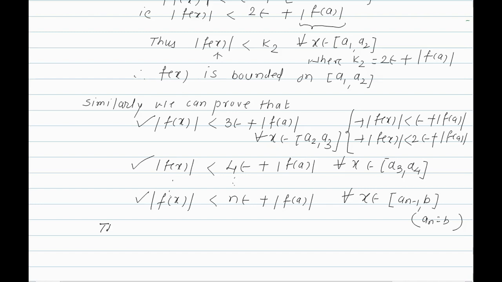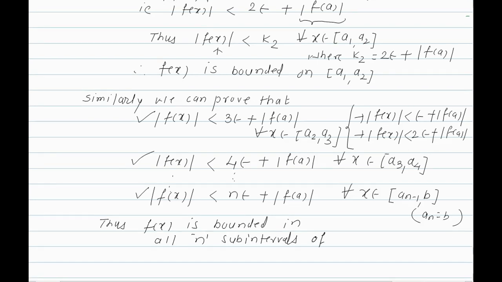Thus, f of x is bounded in all n subintervals of the closed interval ab. Therefore, f of x is bounded in the closed interval ab. So whenever a function is continuous in a closed interval a comma b, it is bounded on that interval.